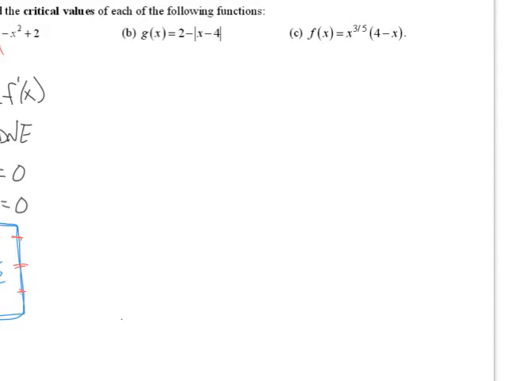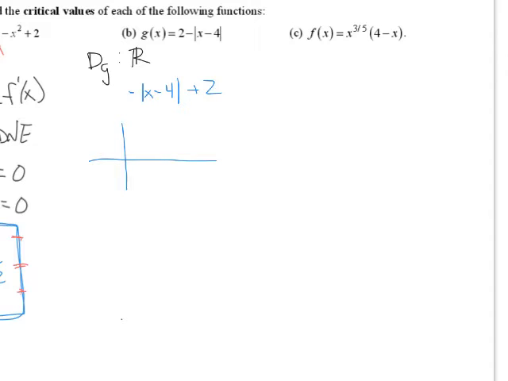6b is a continuous function, so again our domain for g is all real numbers, and finding derivatives of absolute value functions is never easy, so it might be easier to think of this as a graph. So what we have here is an absolute value function that is shifted to the right 4 units. It's been reflected and shifted up 2 units.